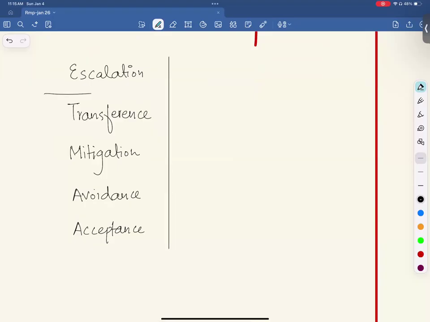Okay, let's talk about escalation. Who would like to answer what is meant by escalation? Sir, anything that is beyond your control, you need to escalate. For example, if any job needs to be done and that is beyond the powers or control of the project manager or risk manager, you need to escalate to the higher ups.